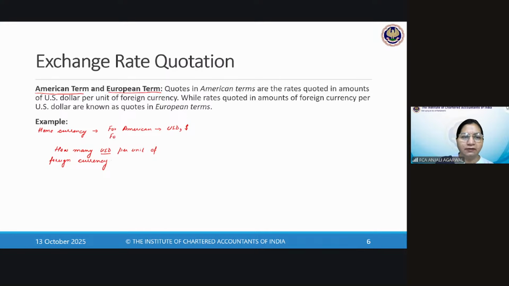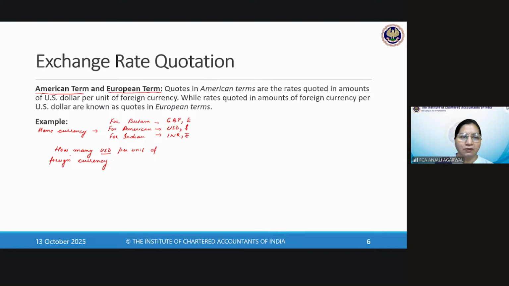For an Indian, home currency is the Indian rupee, or you can use the symbol INR. Similarly, for anyone who is from Britain, he will be using the Great Britain pound, or the symbol for that. So this becomes the home currency for the person who is living in the native country.